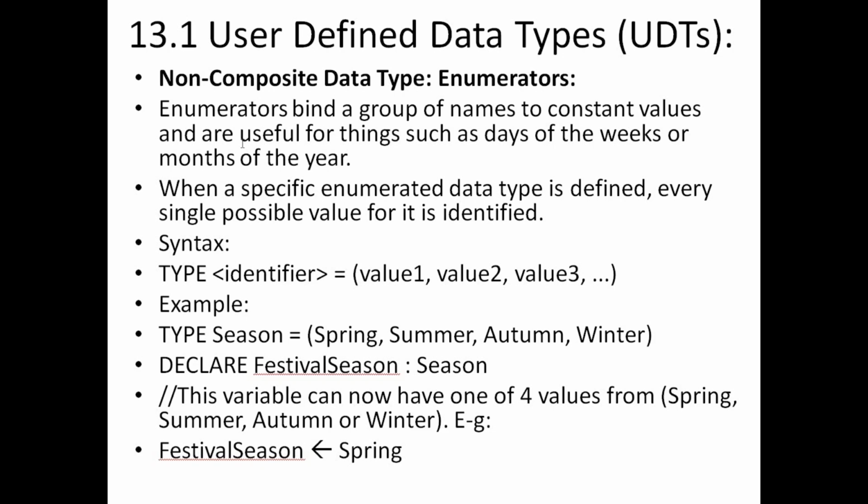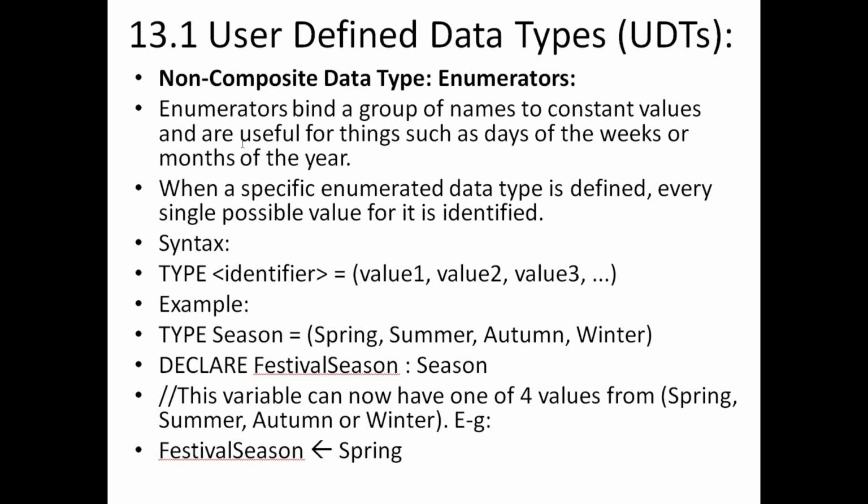Enumerators are a group of constant values, and they are used when you want to restrict a certain variable so that only one of a few fixed values can be inputted. For example, for days of a week there are only 7 possibilities. For names of a month in a year there are only 12 possibilities.